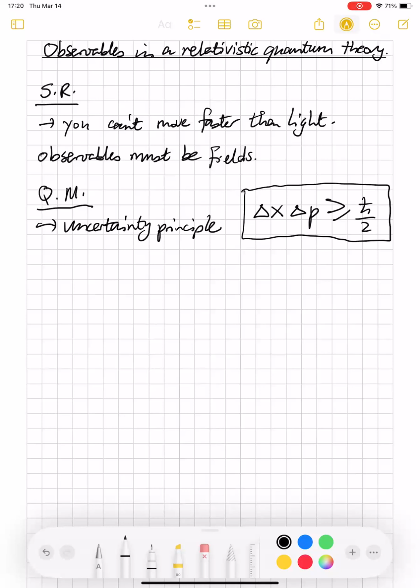So the key idea here is that observables are Hermitian operators. Maybe the important point is that observables are operators.